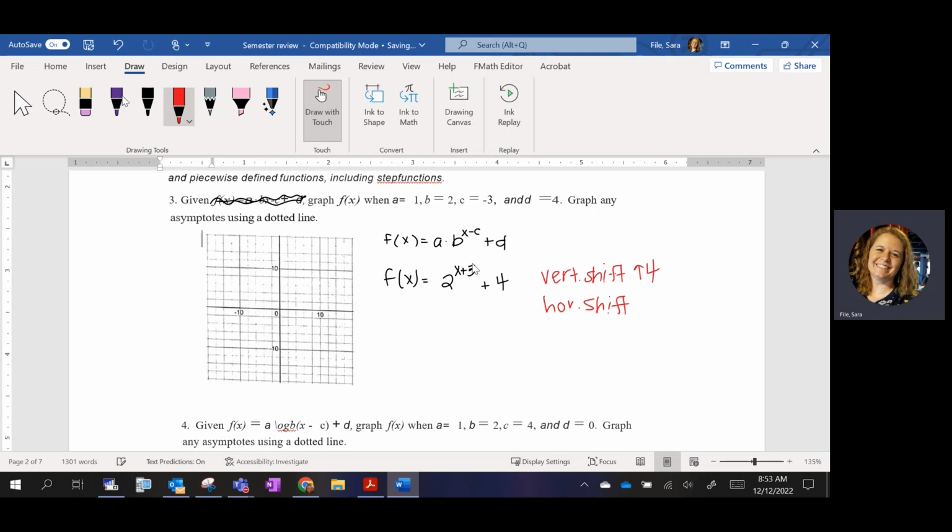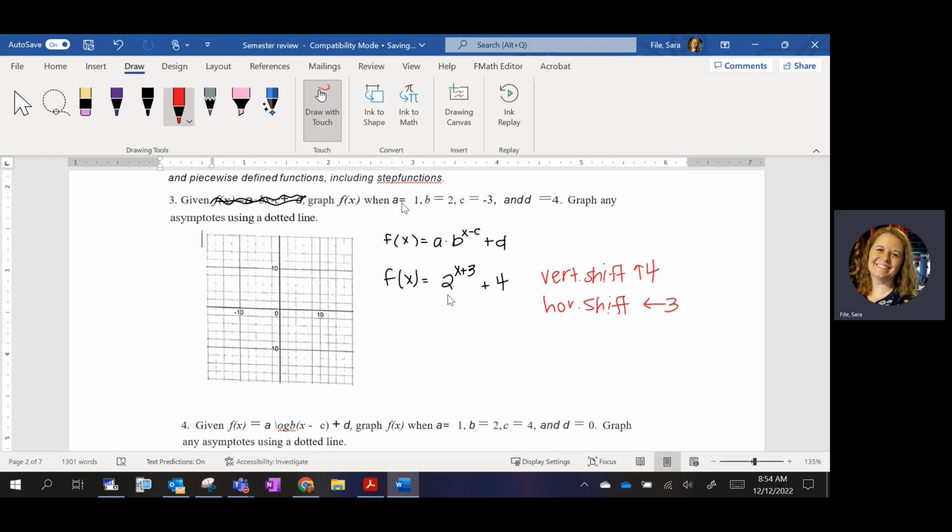So that's going to be left 3 because c was actually negative, but in the equation it shows up as plus. So that's going to be left 3. Okay. Now the a value was an understood 1, so there's no effect. A normally is a vertical stretch or compression, so that's not going to affect my graph. For exponential functions, the b is simply the base value.